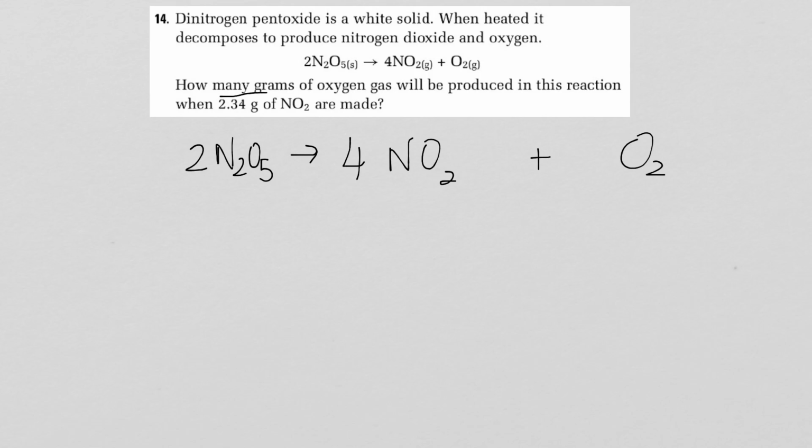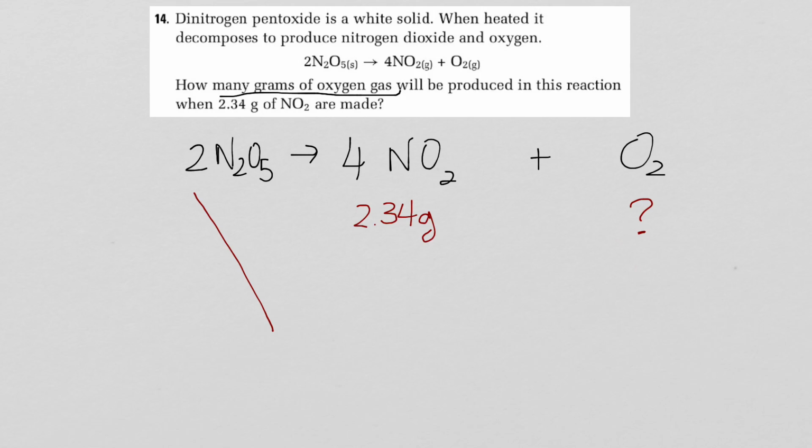Question says, how many grams of oxygen gas, so let's put a question mark, will be produced in this reaction when 2.34 grams of NO2 are made. So they're saying, I don't really care how much of this I'm reacting, but I know that I'm making 2.34 grams of NO2. I want to know how many grams of oxygen is made at the same time.